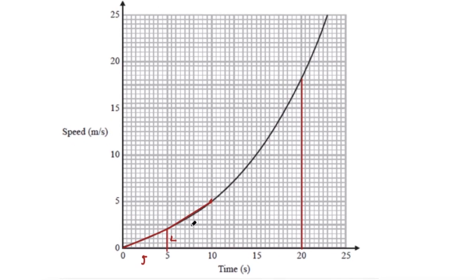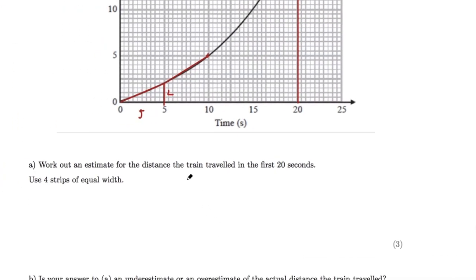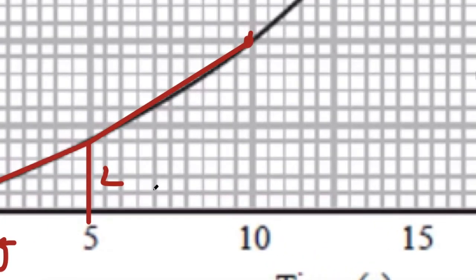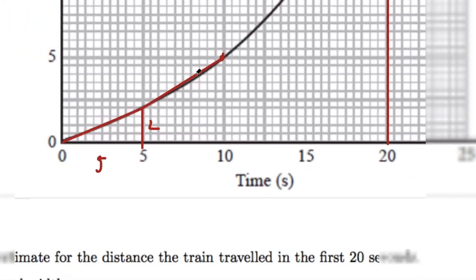Now it's not going to be an exact number, and that's why it says estimate, because if you look closely, when we draw a straight line from 5 to 10, we're going a little bit above the graph. So we're including a tiny bit of area that's not under the graph itself.